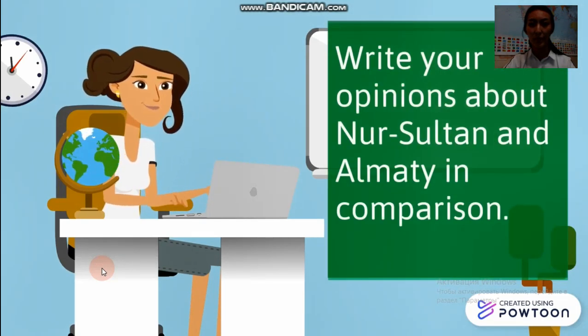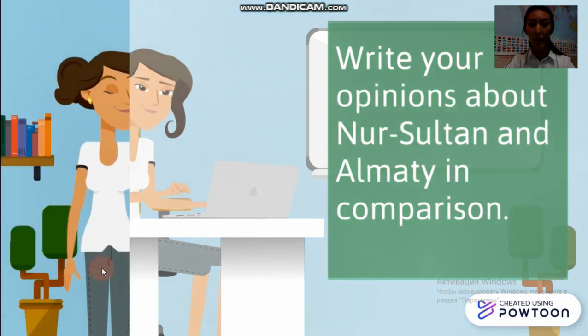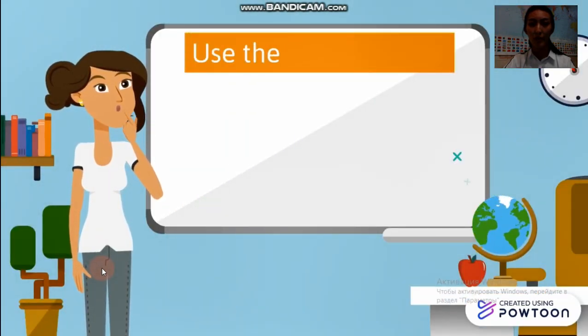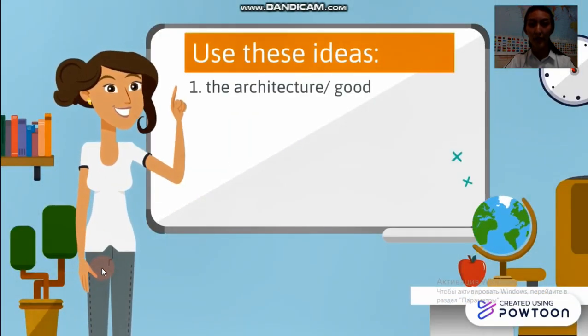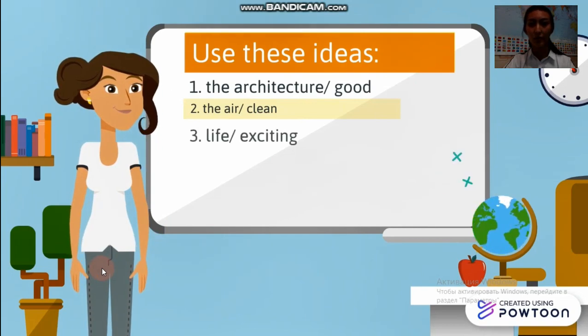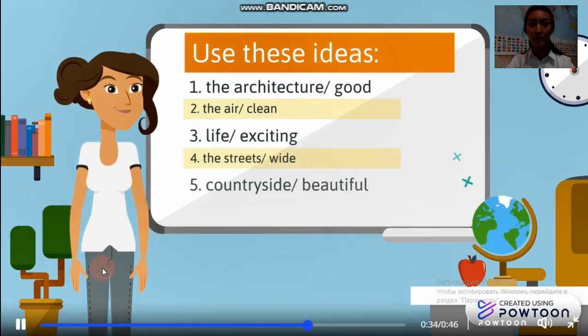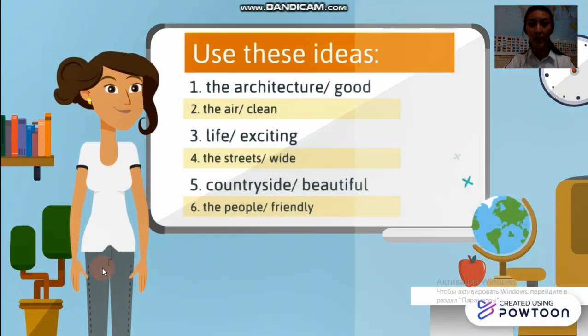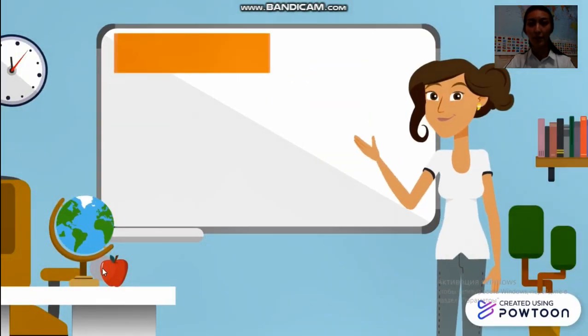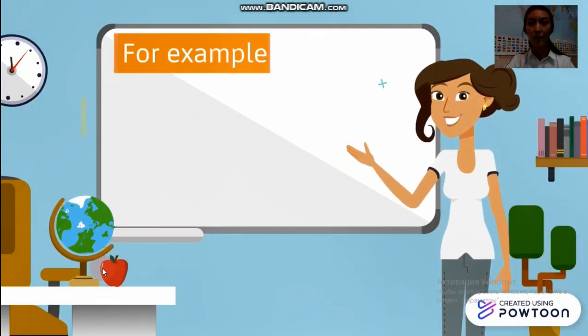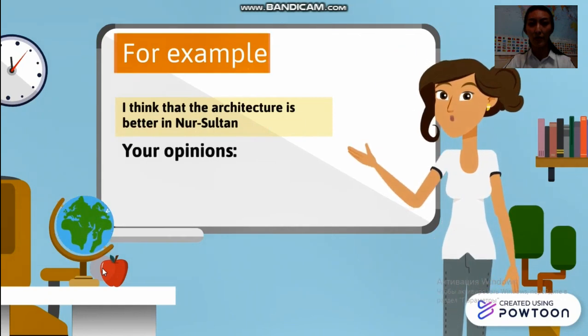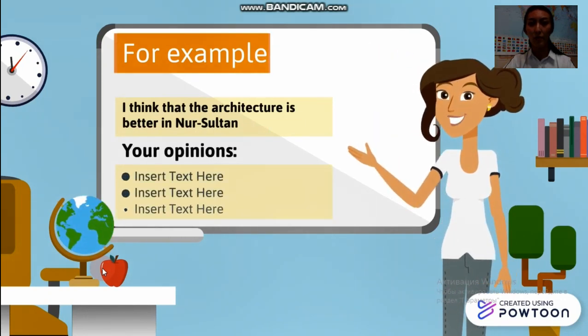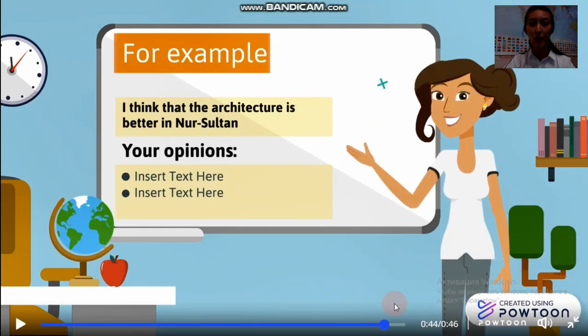Write your opinions about them in comparison. Use these ideas: the architecture, the air, life, the streets, the countryside. For example, I think that the architecture is better. Continue your opinions about them.